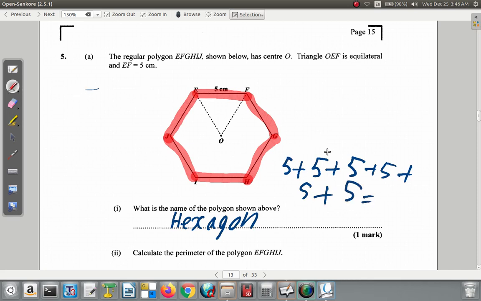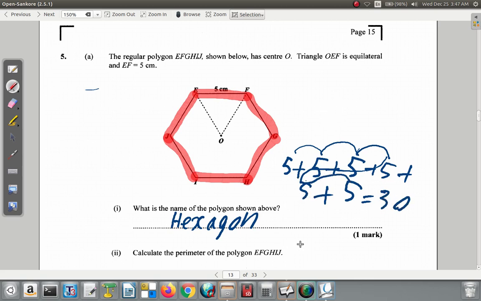So you have 5 and 5 is 10. 10 plus 5 is 15. Plus 5 is 20. So 5, 10, 15, 20, and this one makes 25, then this one 30. Okay, good.